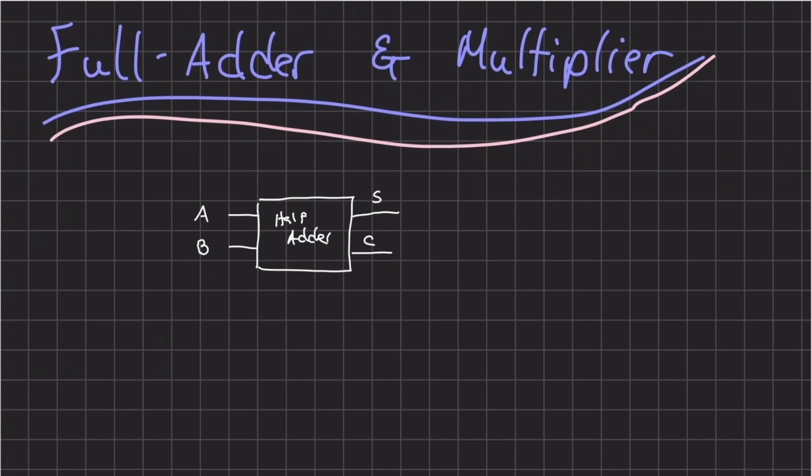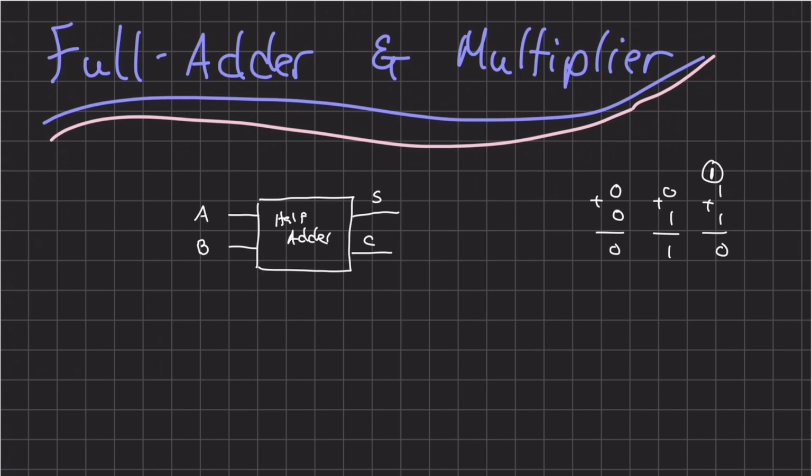For instance, we said that 0 plus 0 equals 0, 0 plus 1 or the inverse is 1, but if I have 1 plus 1 we have 0 carry 1, and we want to know is there any carry on our addition.